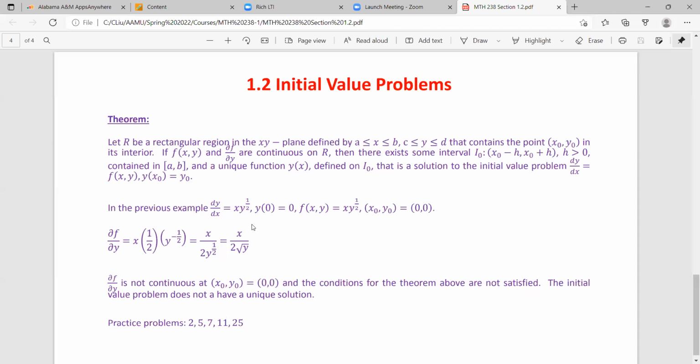If you remember the previous page, we have 2 solutions to the problem, and we have verified that the conditions in the theorem are not satisfied. So the problem does not have a unique solution. Does it make sense?